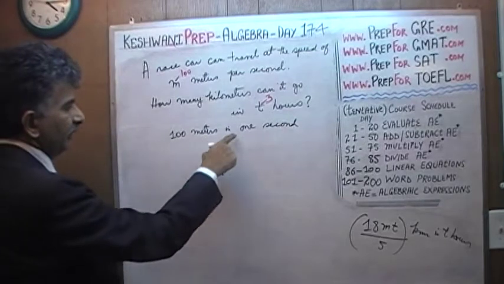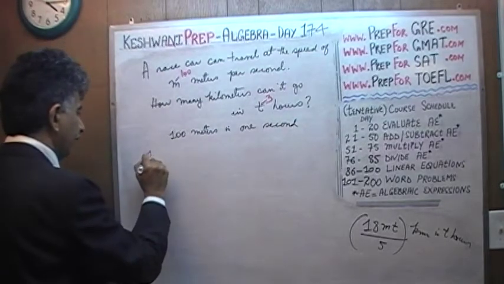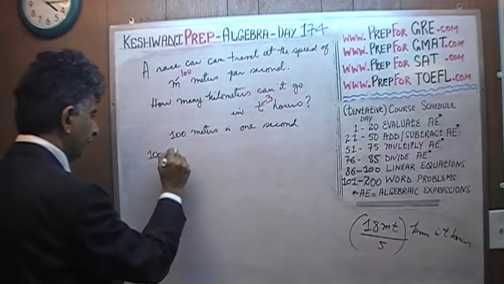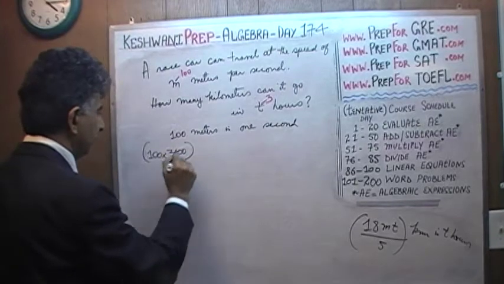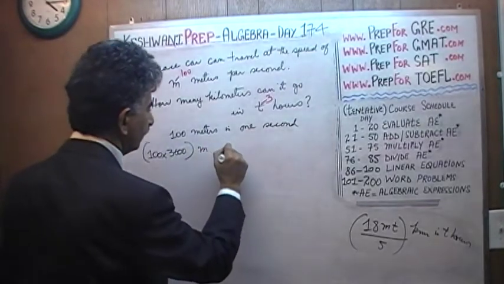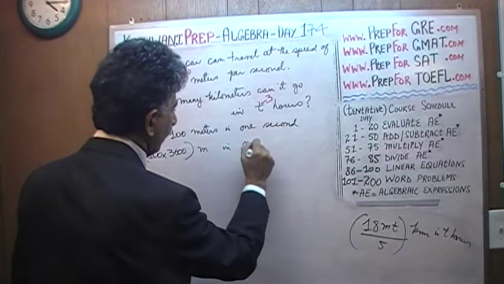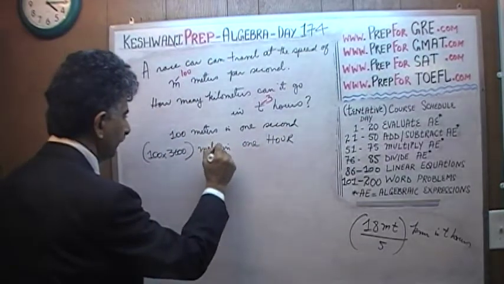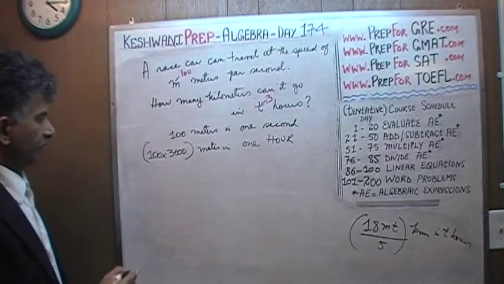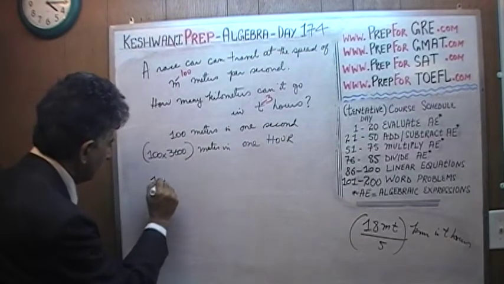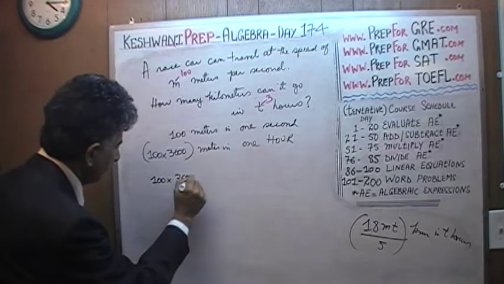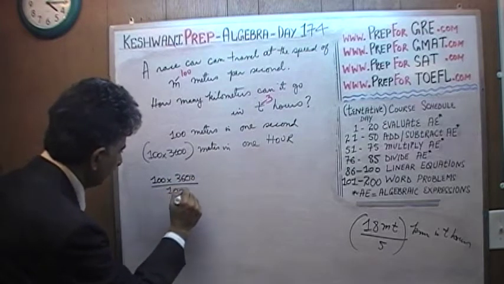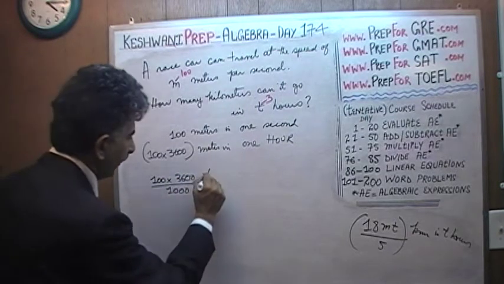He's going 100 meters in 1 second, which is the same as saying he is going 100 times 3600 meters in 1 hour. This is meters. If you were to divide this quantity, 100 times 3600 over 1000, then we will convert this meters into kilometers.